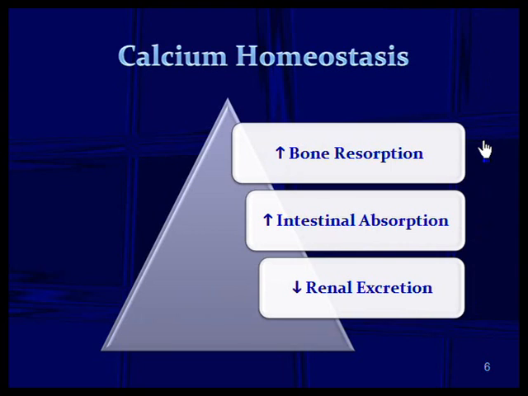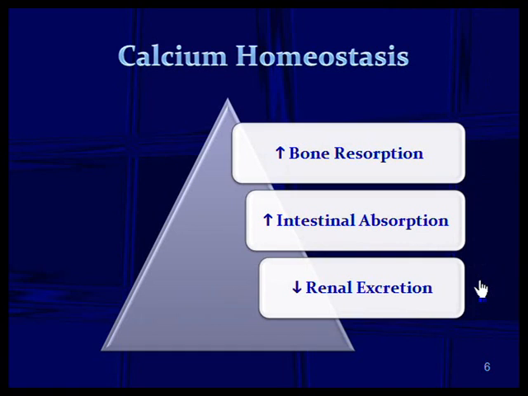This homeostasis of calcium is maintained by these three hormones by their action on the three regions in the body. If the serum calcium were to be increased, there will be increase in the bone resorption, increase in the intestinal absorption, and decrease in the renal excretion.